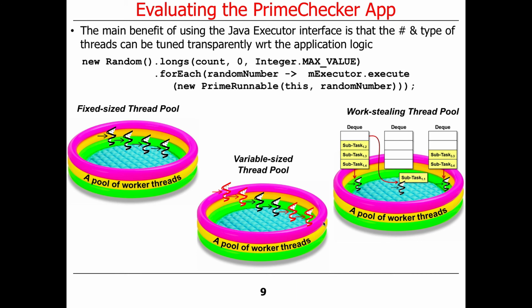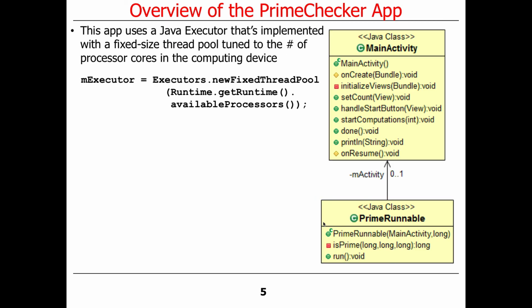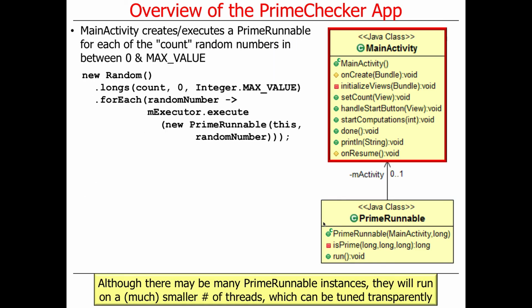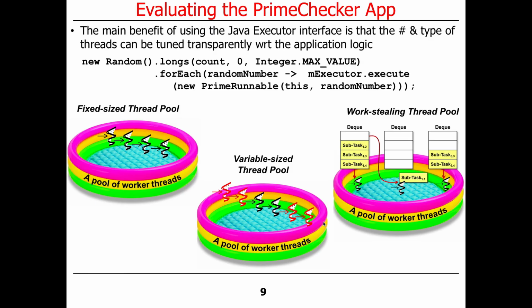The main benefit of using the executor interface, rather than just spawning threads, right? First of all, let's go back over here for a second. We could have done this by spawning a new thread for every random number. But then we'd end up with a heck of a lot of threads, right? We'd have a thread for every number, which would be excessive, especially if we had a large number of random numbers to compute. Moreover, we would have hard-coded ourselves to one implementation, one type of thread pool.